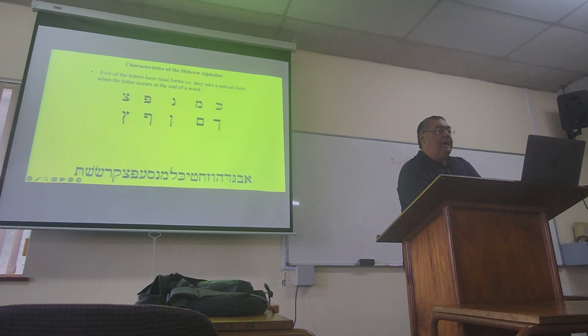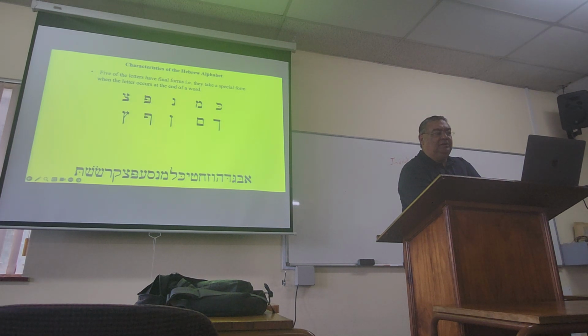Okay? And then the last one is the tzadeh. The tzadeh at the end of the word also has a final form. So that when tzadeh is written at the beginning of the word or in the middle of the word, that will be its form. But when tzadeh stands as the last letter in Hebrew, it will take on that form. So it's just as if you are drawing a tzadeh.